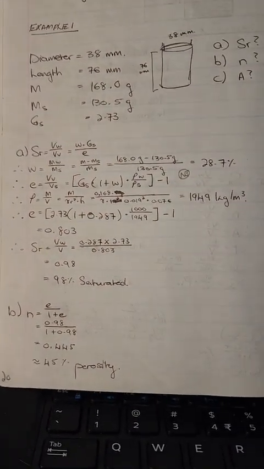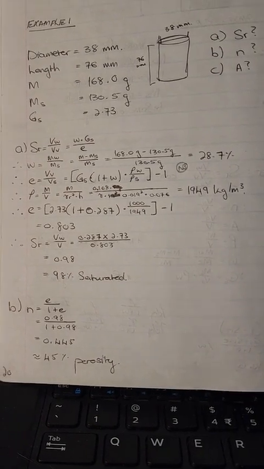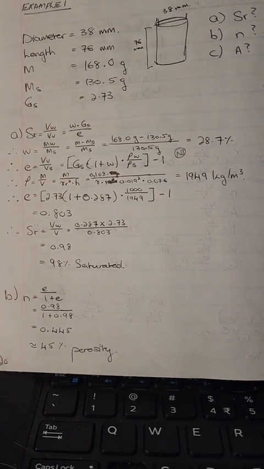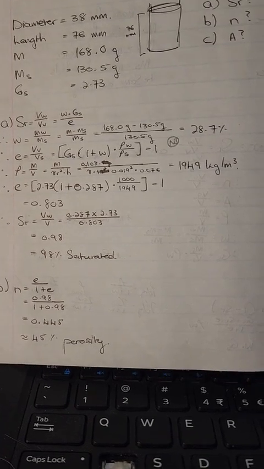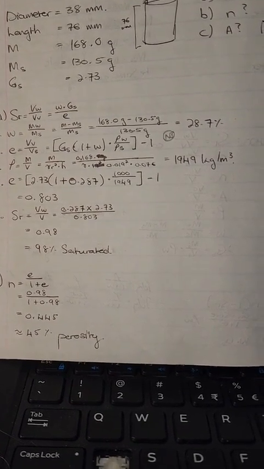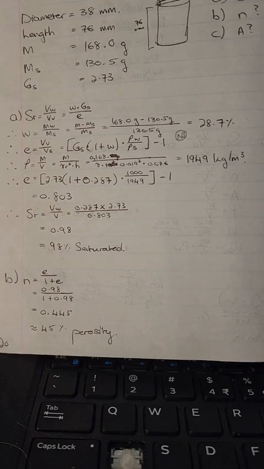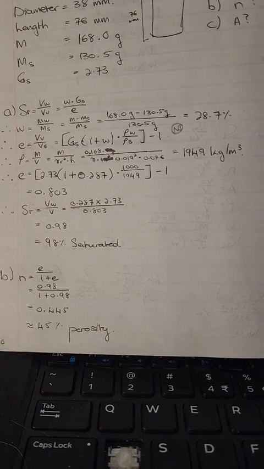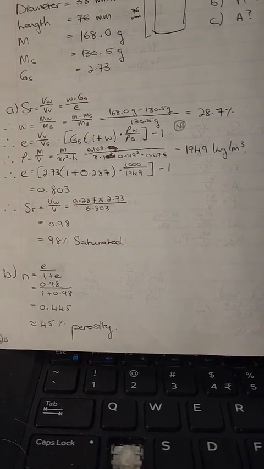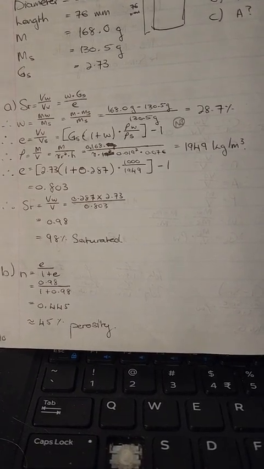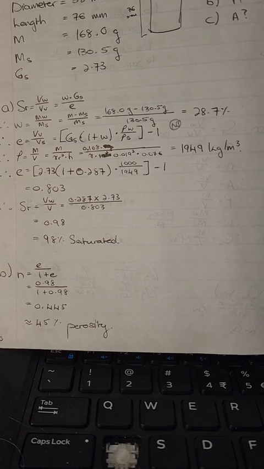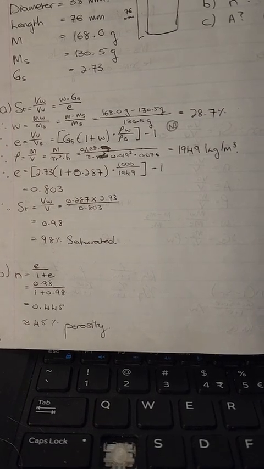I'm not going to go through all of the mathematics because one follows logically onto the other and is just an extension or derivation of the formulas that we already handled. So the degree of saturation can be defined as the volume of the water over the volume of the voids.